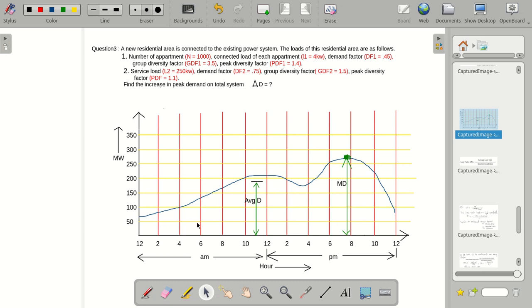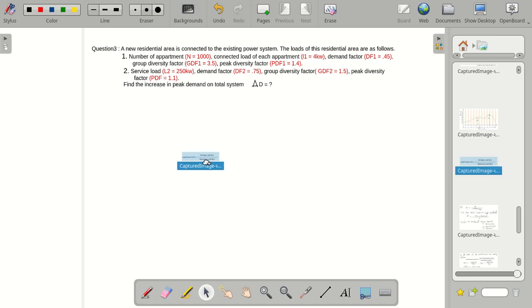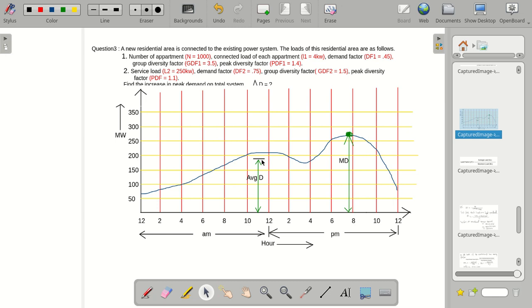From this load curve, a parameter that is usually calculated is called the load factor. Load factor is average load divided by maximum load. This is the average load and this is the maximum load. If you divide the average load by the maximum demand, then you will find the load factor.